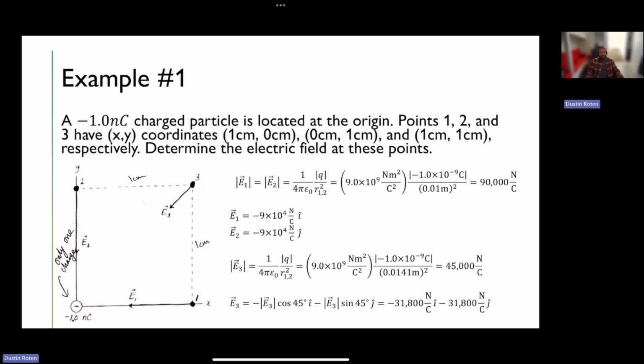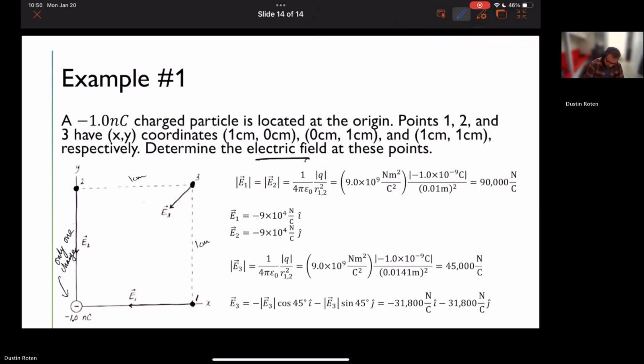Okay, so now all we need to do is determine the electric field at these points. Well, we're going to think about this first in terms of magnitudes. Just looking at the problem before we try to do math, let's think about what's going on. We know for a fact that the electric field is radiating out in straight lines from this particle.